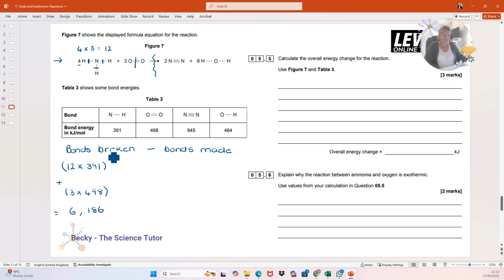So I've got 2 times, so that one's nice and easy. I've just got 2 times the 945. And then I've got a hydrogen to oxygen, I've got 1, 2, but I've got 6 of those molecules, so overall I've got 12. So I'm going to add that to 12 times 464.